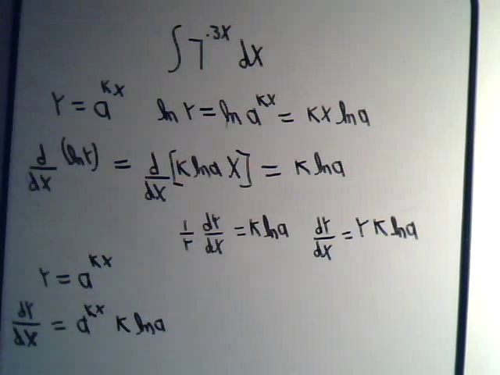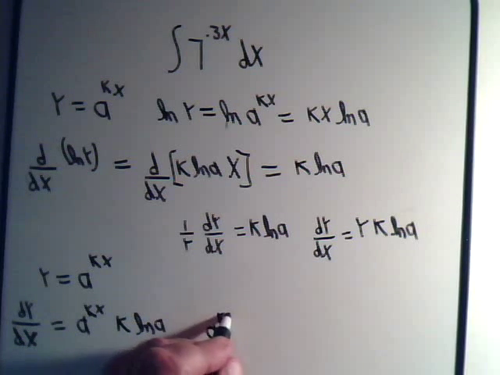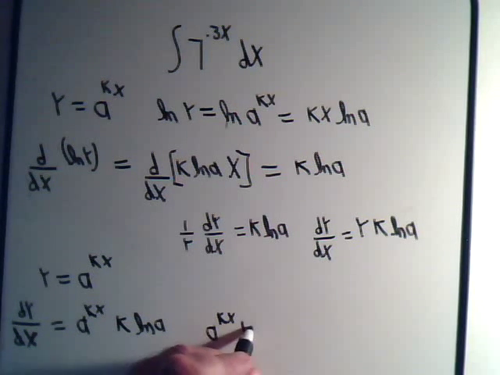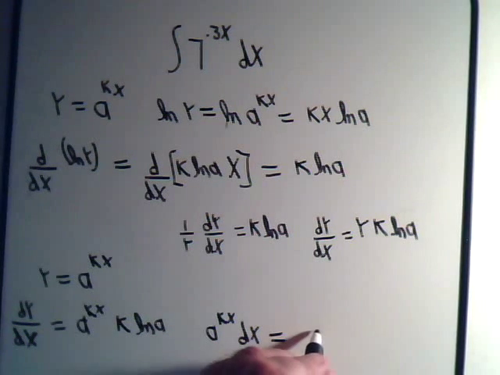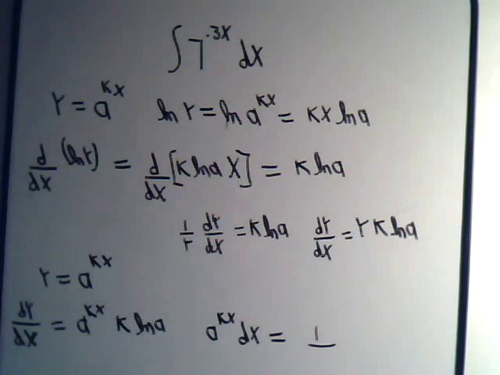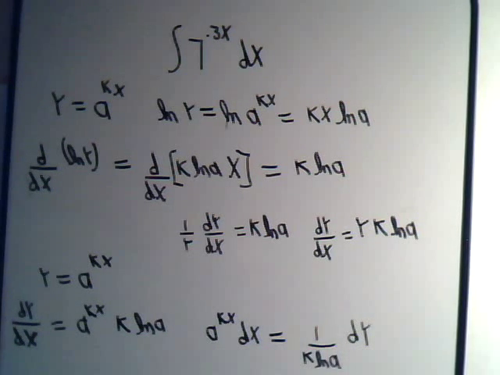We're going to multiply both sides of the equation by dx and divide by this constant. So we're going to have a to the kx dx will equal 1 over k times the natural log of a times dy.